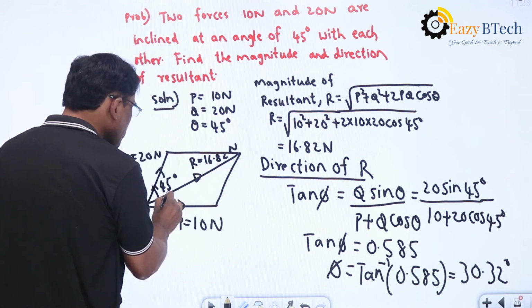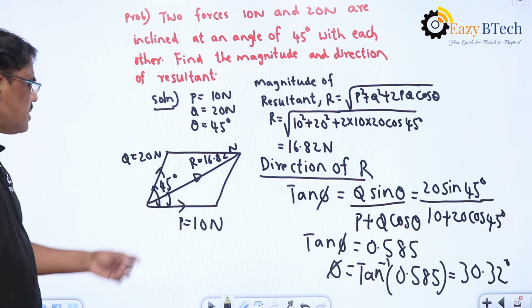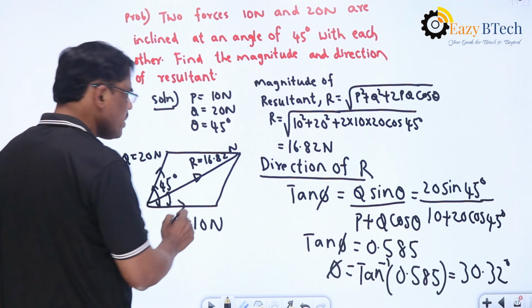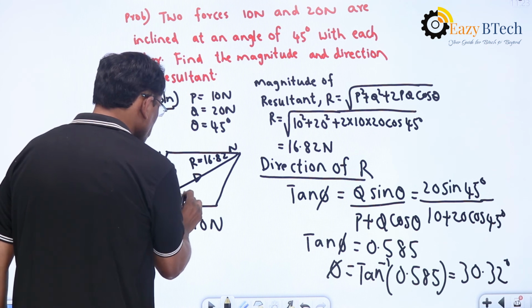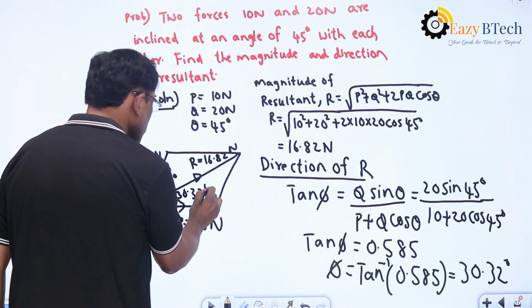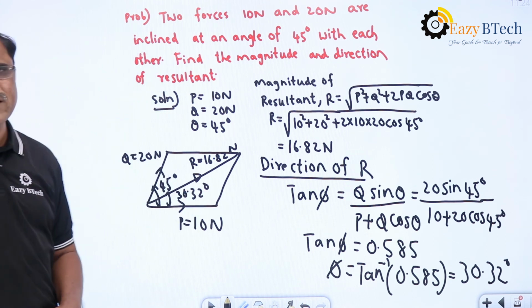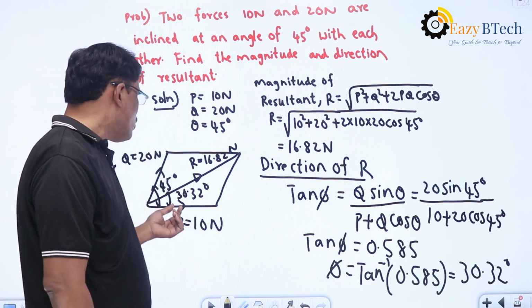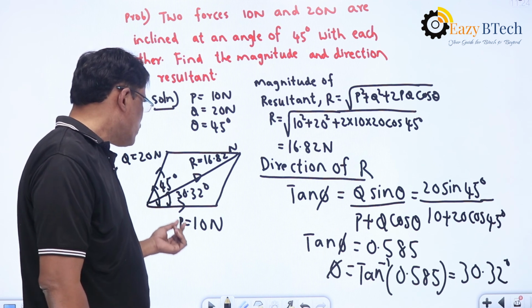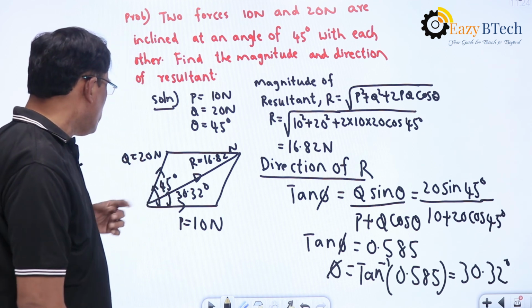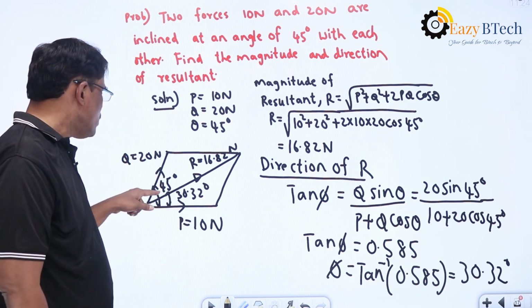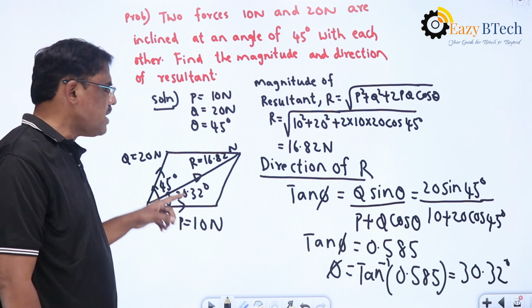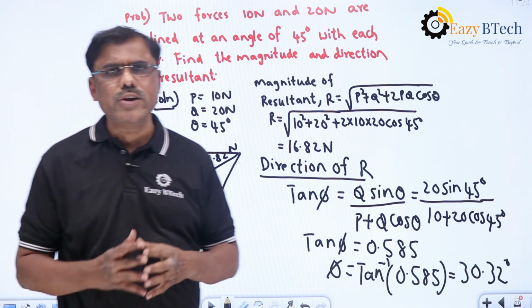And the angle made by this resultant with P is 30.32 degrees. So in the examination, they may ask the inclination of the resultant either with P or Q. If it is asked for Q, then that value will be 45 minus 30.32 degrees.